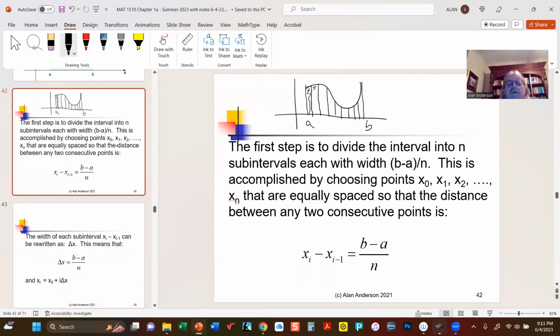Now this is not drawn as well as it could be, but the basic idea is that you're adding up the areas of these intervals. If you add up enough of them, you'll end up with the correct sum, which is our integral. So we're going to imagine that the interval is broken up into this kind of thing.